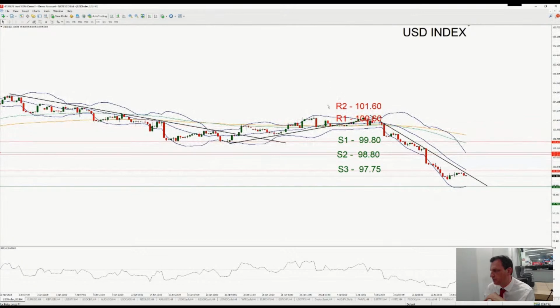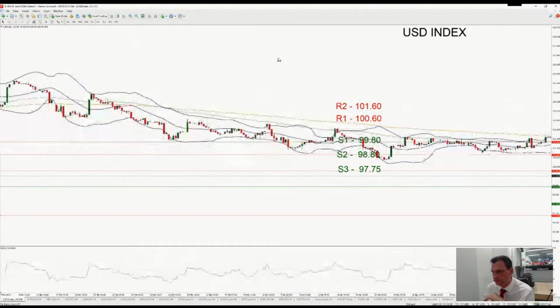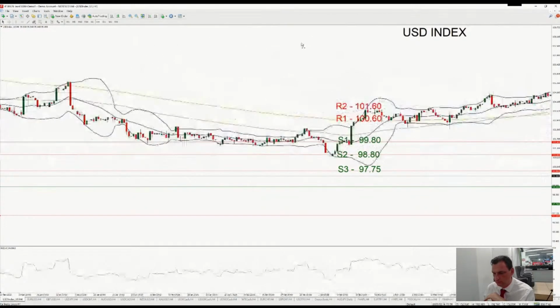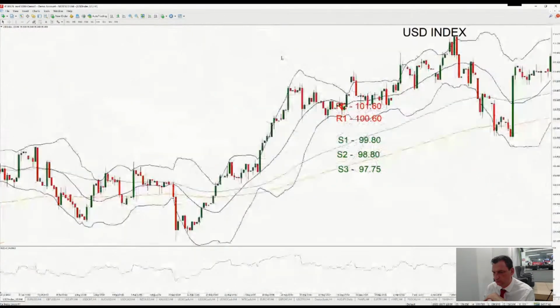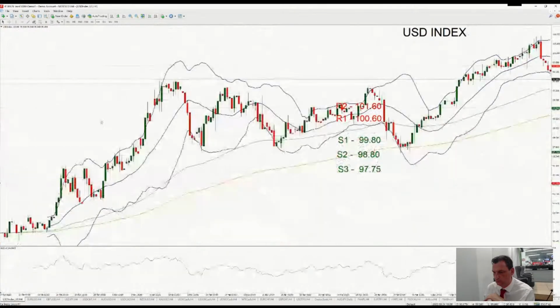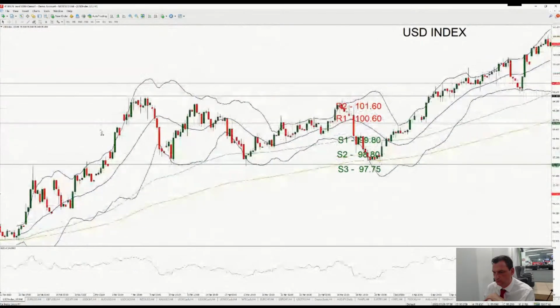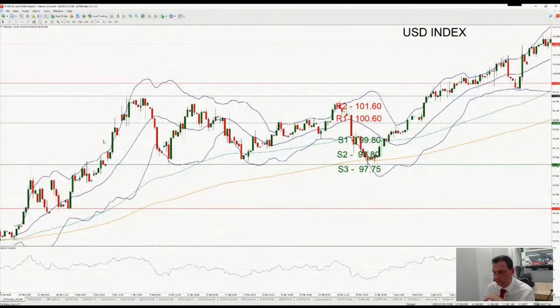Let's go hunting for a new ultimate support line, unlocking the chart, going back. A nice throw here, a little bit wide, but I'm keeping it.